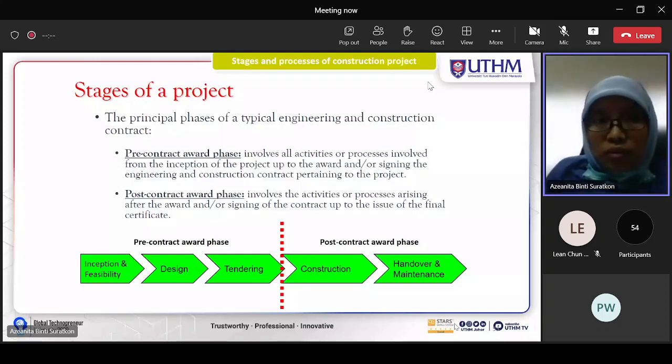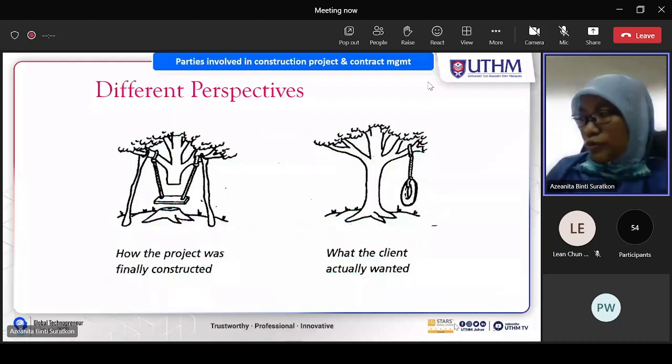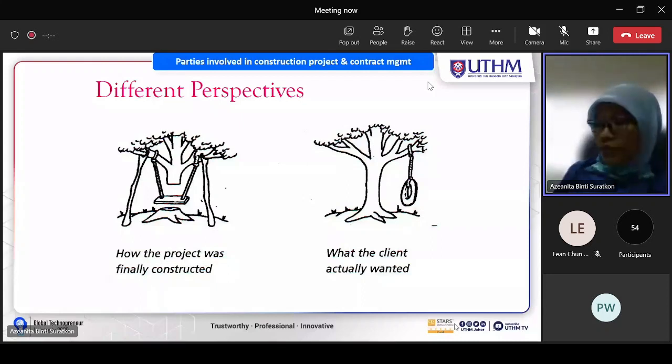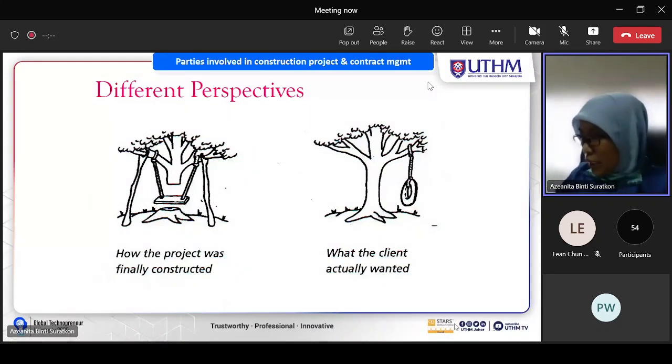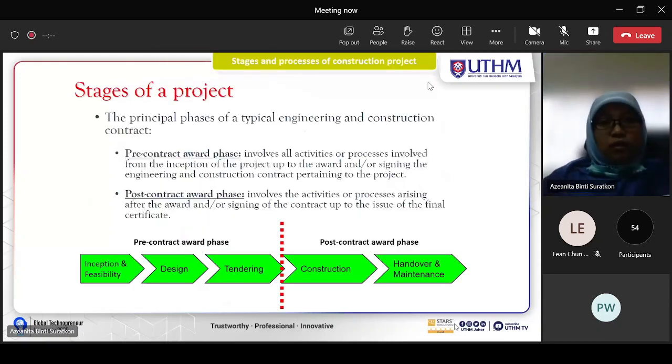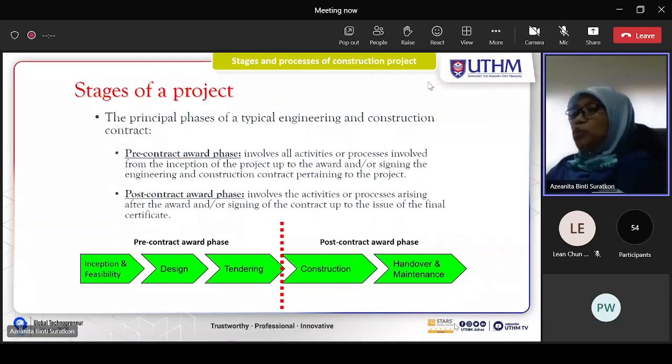Okay. So last week we stopped somewhere here, right? On the different perspective. So today we are going to continue our lecture, which is we focus on the stages of a project.